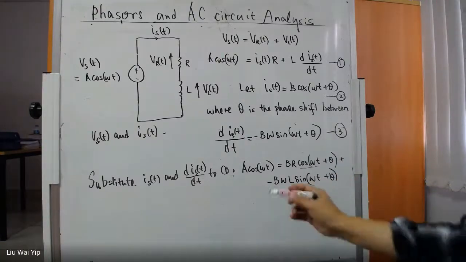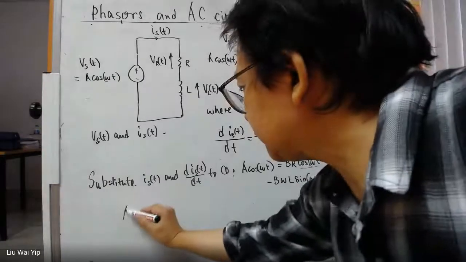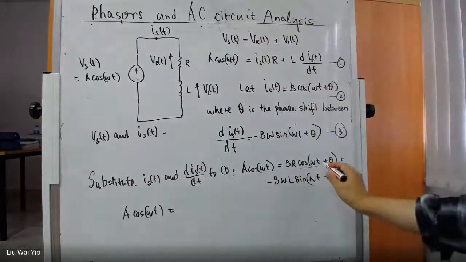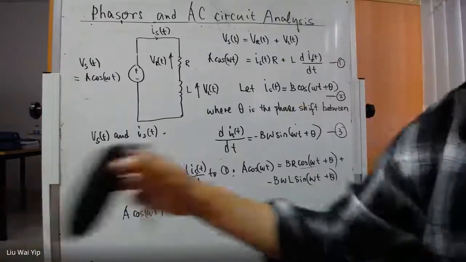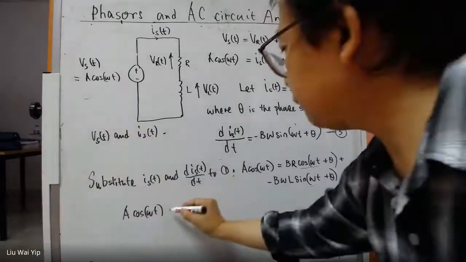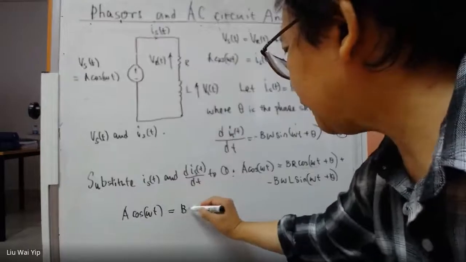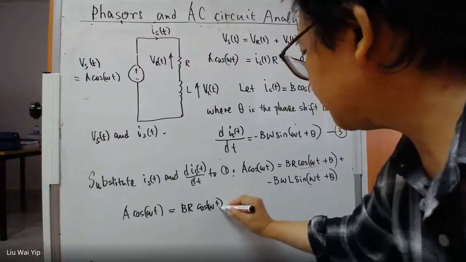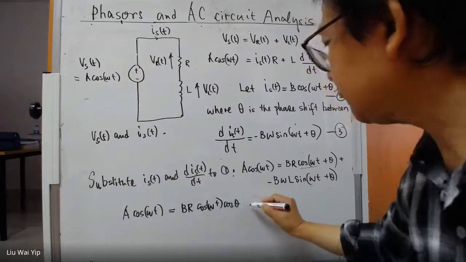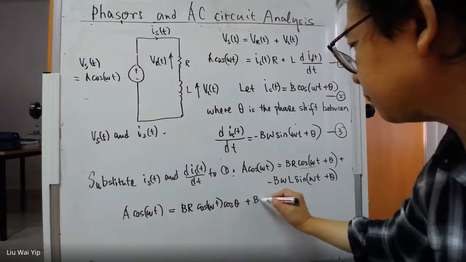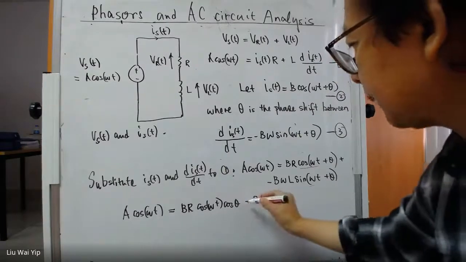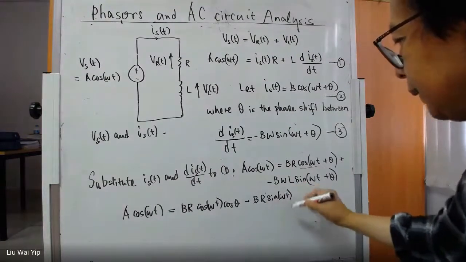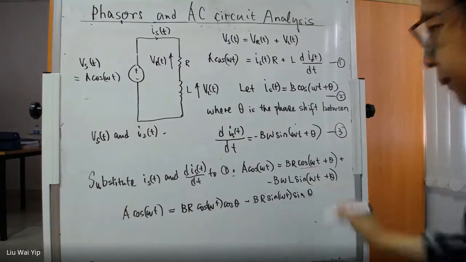If you do that, then for the left side, it's the same. And what are you going to get for the right side? It will be B R times cos omega t cos theta, and then plus, I'm sorry, it should be minus sine omega t and sine theta.